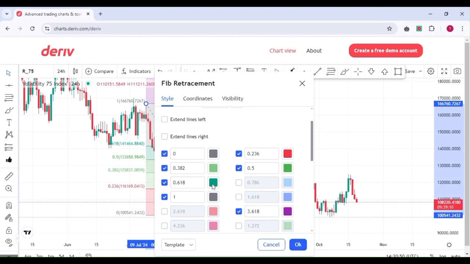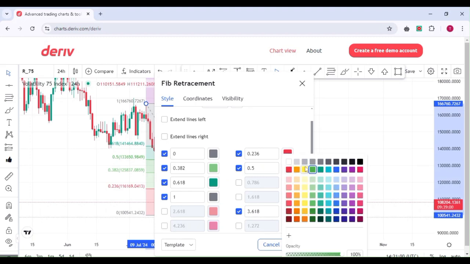Then we have now this area called the 0.5, which is also 50%. So I'll just make this one a yellow zone there, or let me pick which has not been picked.